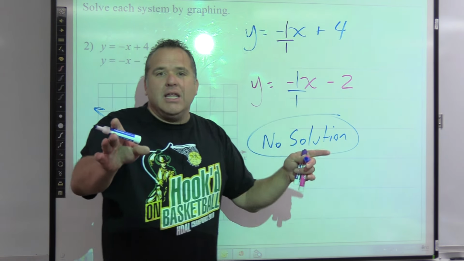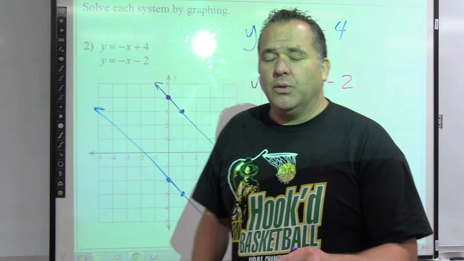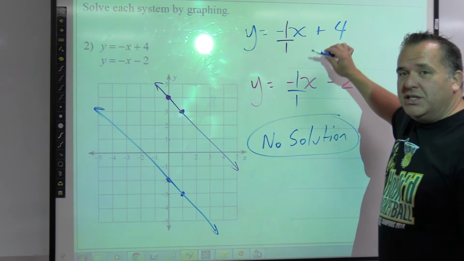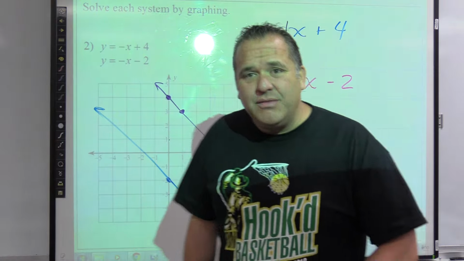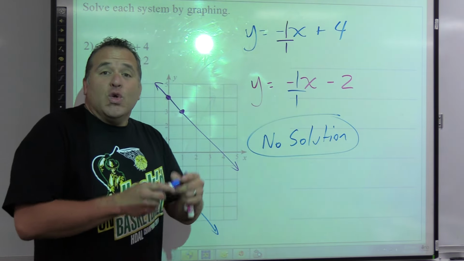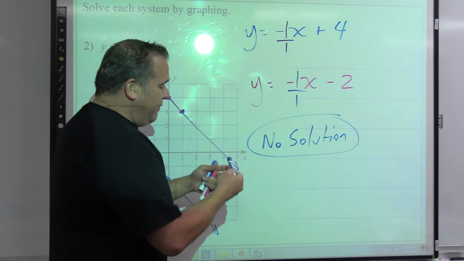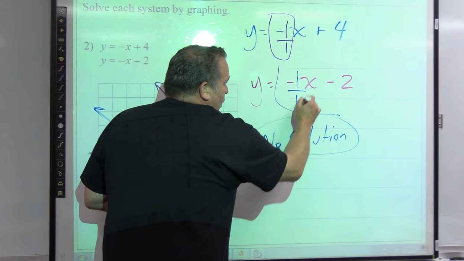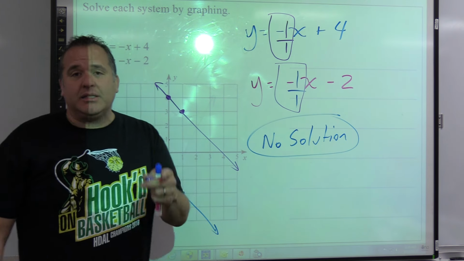I knew in the beginning that this was not going to have a solution, because there's a way to tell. If you look at your two equations, is there something that's exactly the same? Look now. The slope. This slope right here and this slope right here are exactly the same.